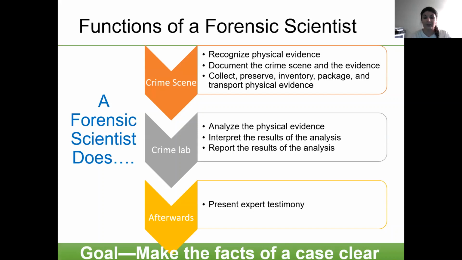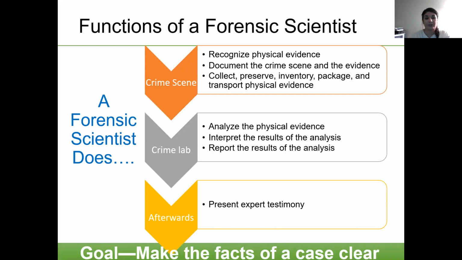And at the crime lab, they analyze the physical evidence through tests, interpret the results of the analysis, and then report the results of analysis, which the investigators look at to help them decide where to go in the case. And then afterwards, they present expert testimony.